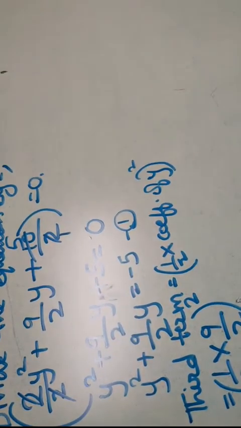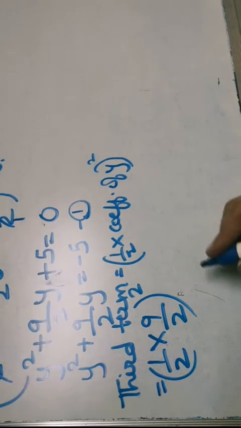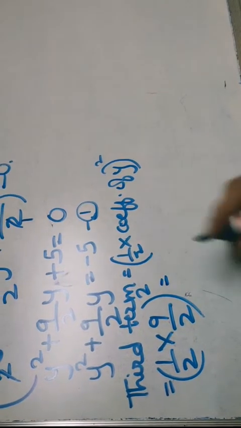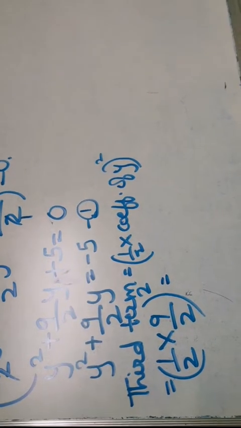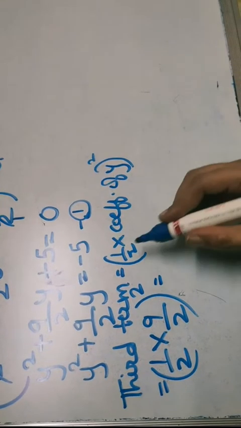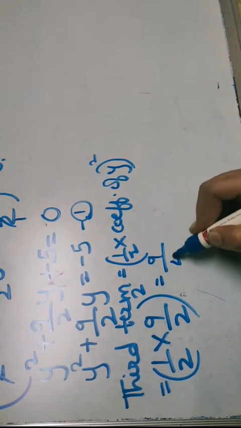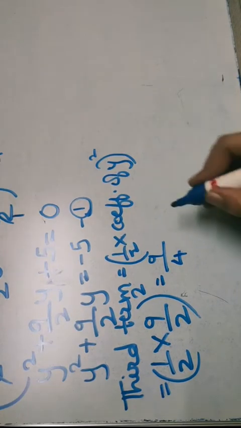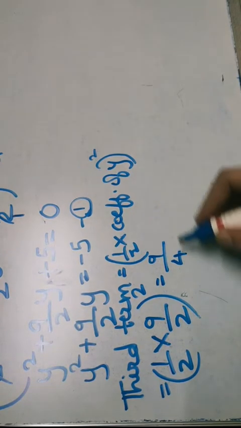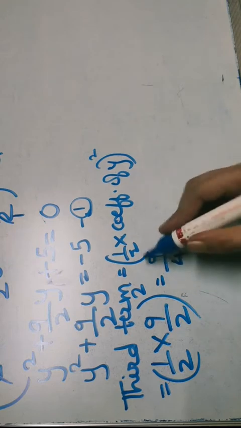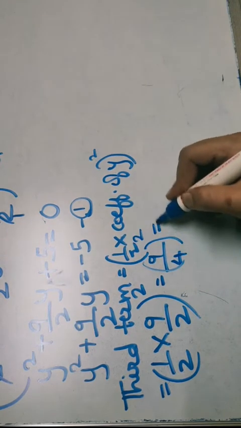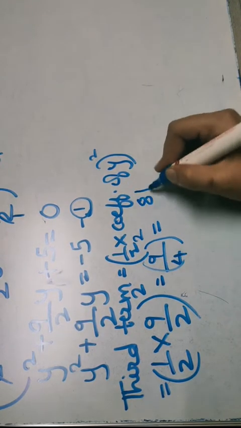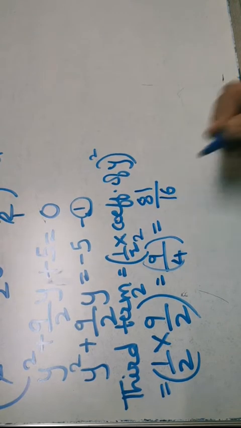Here 9 ones are 9, and 9 upon 2 into 2 is 4. So the whole square: 9 square is 81, 4 square is 16.